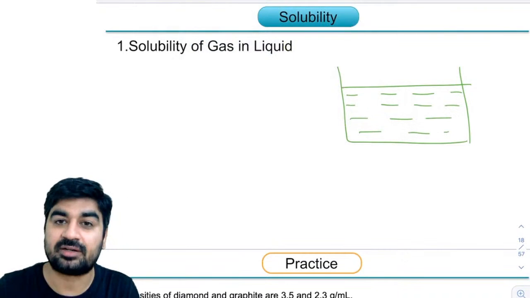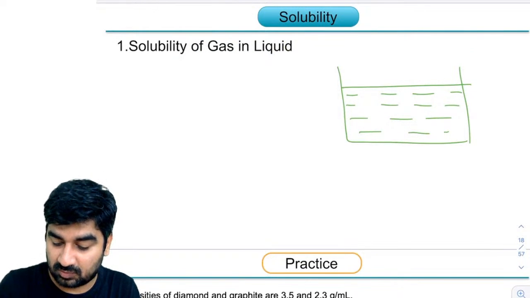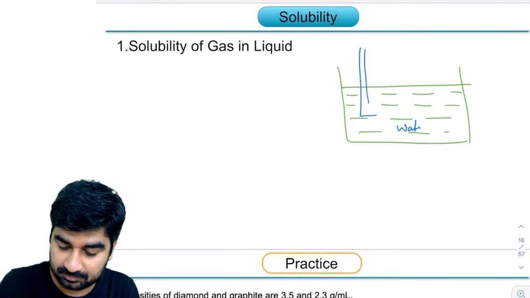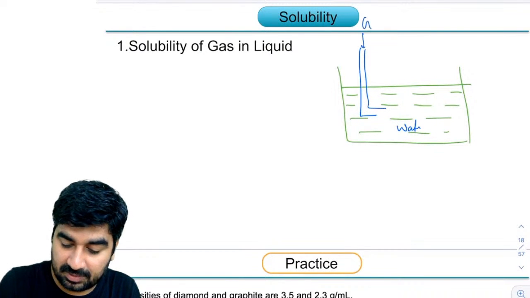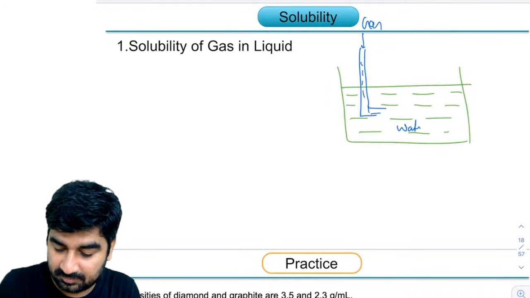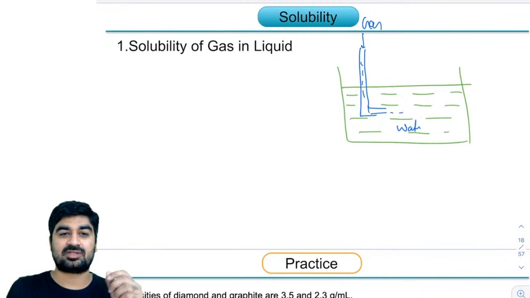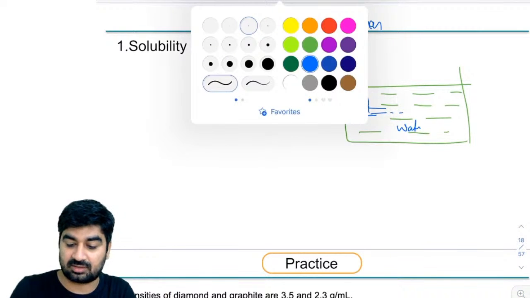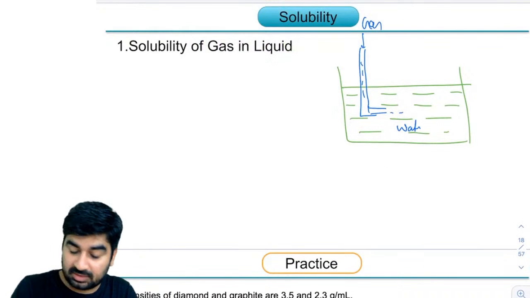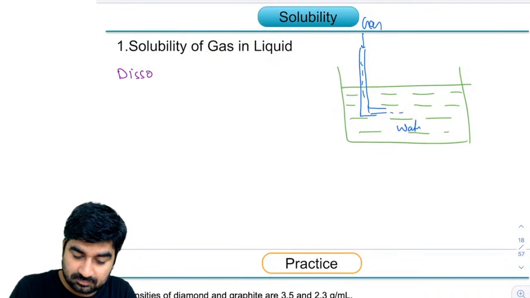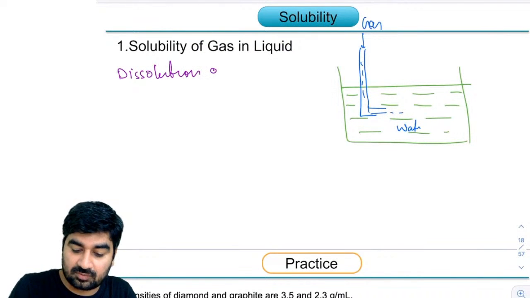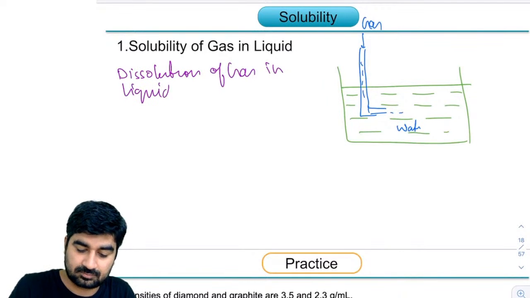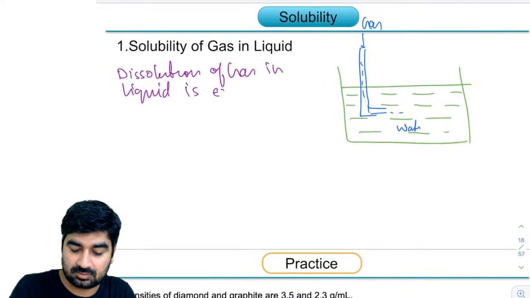Suppose this is water, and now I'm taking a pipe, and through this pipe I'm dissolving the gas. So gas molecules will be dissolved. Not always, but in general, dissolution of gas in liquid is exothermic.